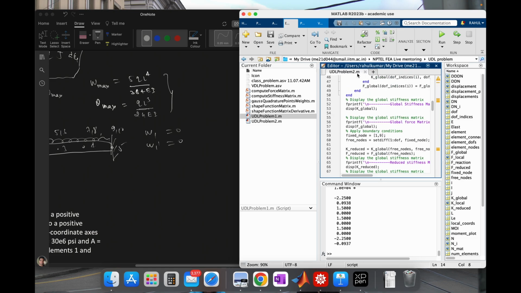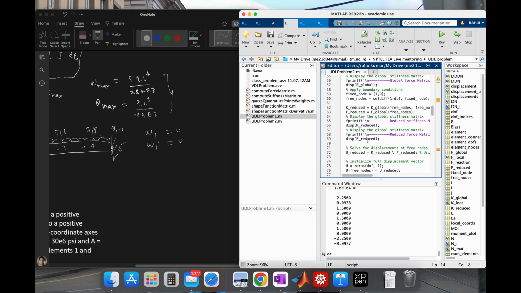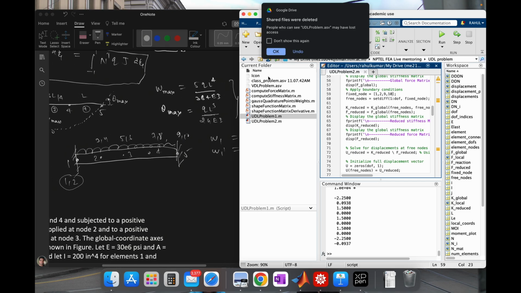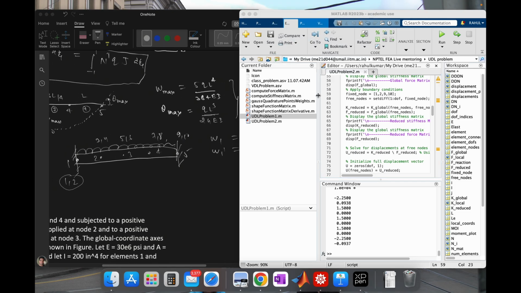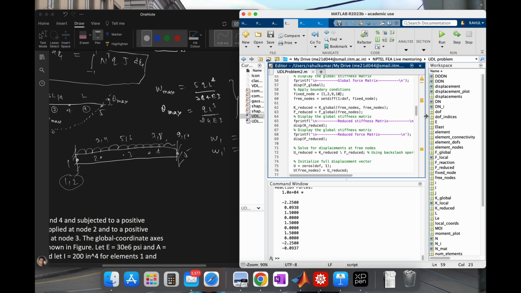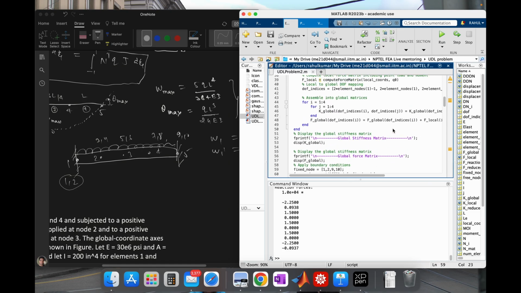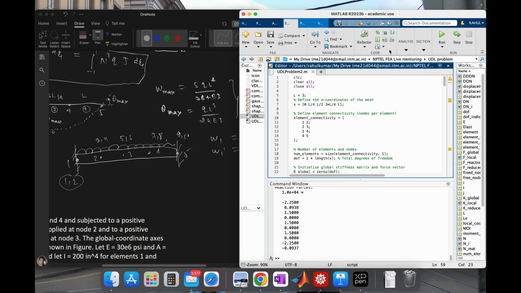But in this case not only 1 but also 2 will be fixed, and at node 5 not only 9 but 10 will also be fixed. Everything else, q, E, I, will remain the same. Now let's run this code and see what result we are getting.